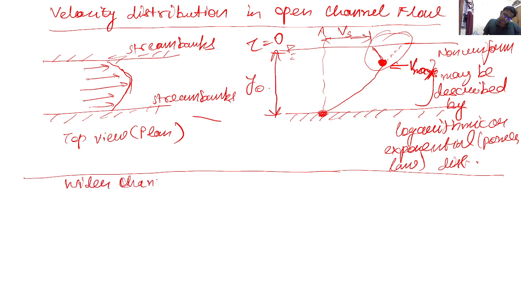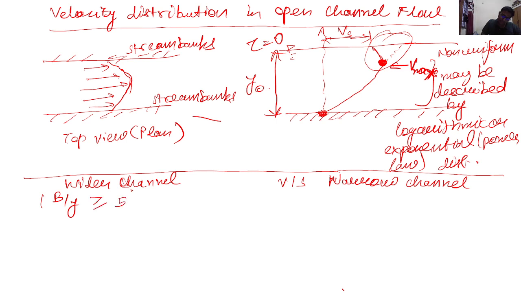For a wider channel, the aspect ratio, or B by Y, that is the ratio of the width to the depth of the flow, would be much larger than 5 usually, and for a narrow channel the ratio would be less than 5. So let us see how it would look like.